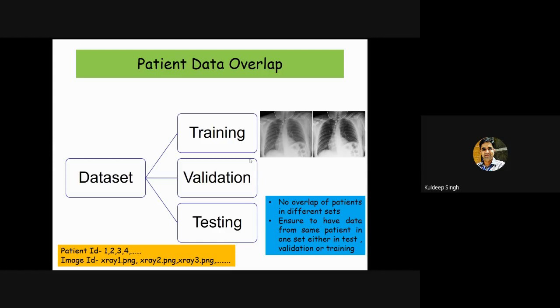We are not concerned with what kind of image it is. But specifically in the medical domain, we have to assign patient IDs. A unique patient ID should be assigned to a particular image, and we should ensure that images for a particular patient ID are part of only one data set, either training, validation, or testing.